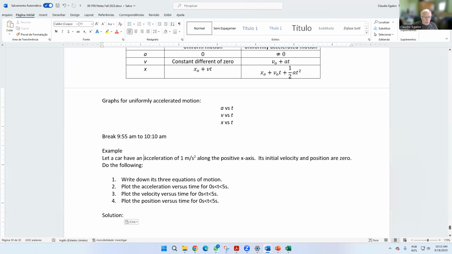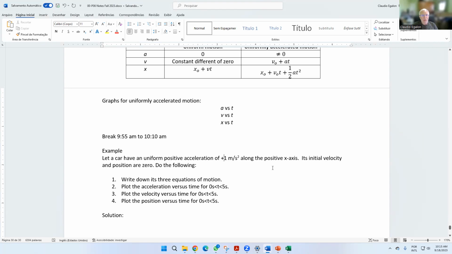I have a uniform acceleration, a uniform positive acceleration, and I'm going to emphasize 1 meter per second squared. So we're going to put here plus.